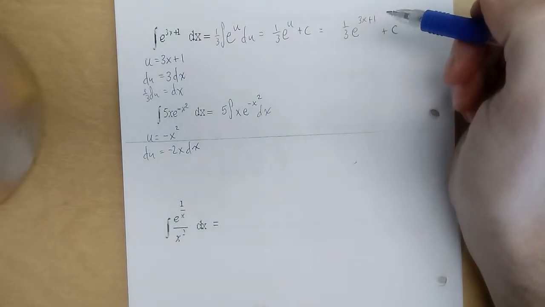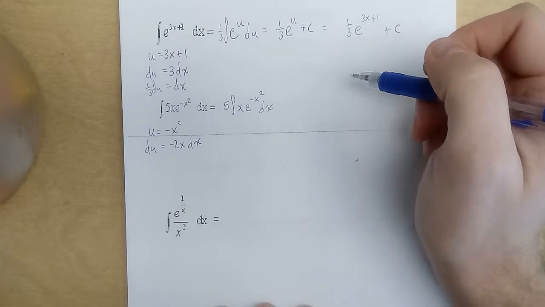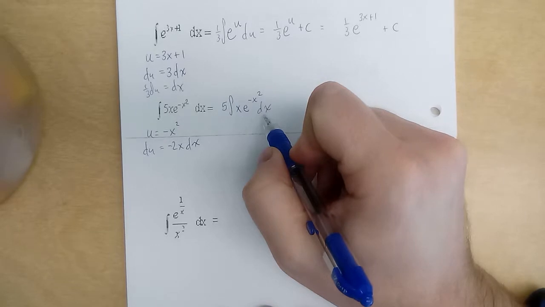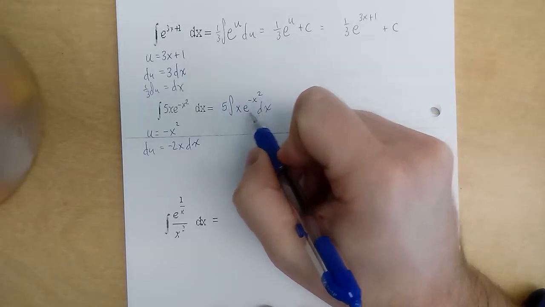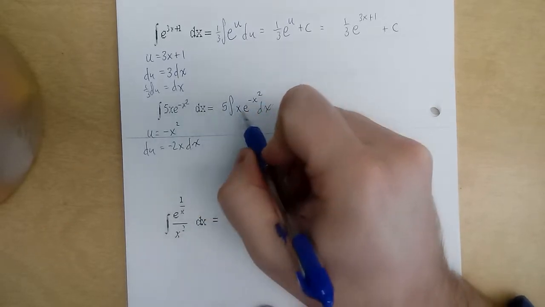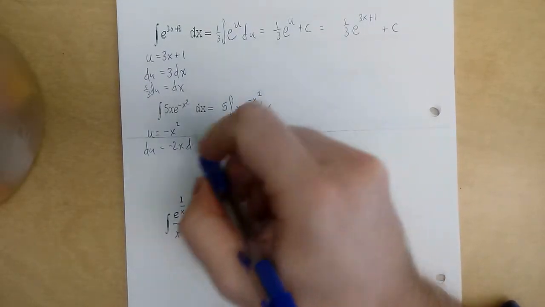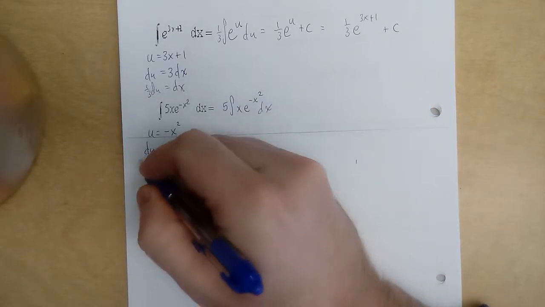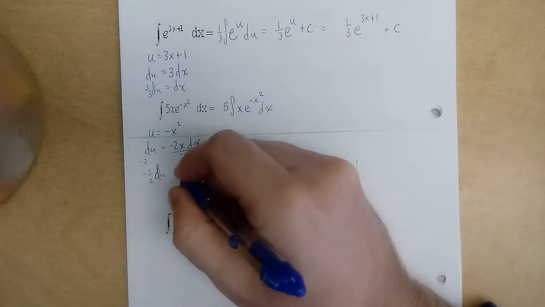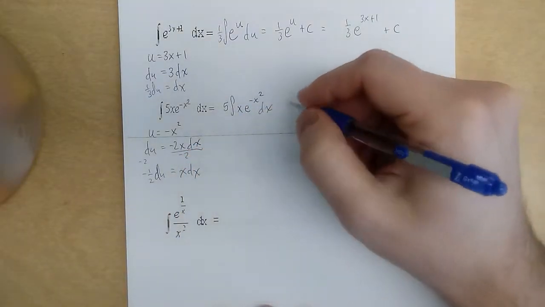The way that we could handle this is, x e to the, okay, so looks like we're going to be able to have our e to the u here, and then if I divide both sides by this negative 2, now I have my x dx.